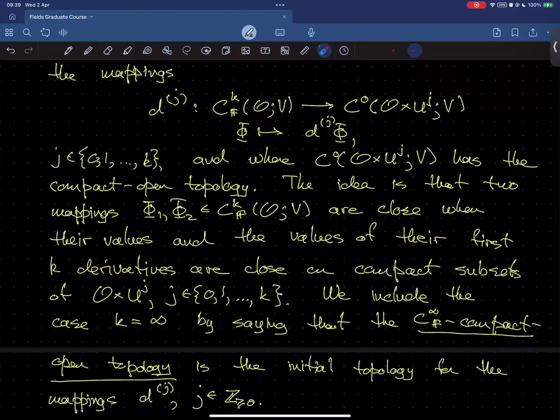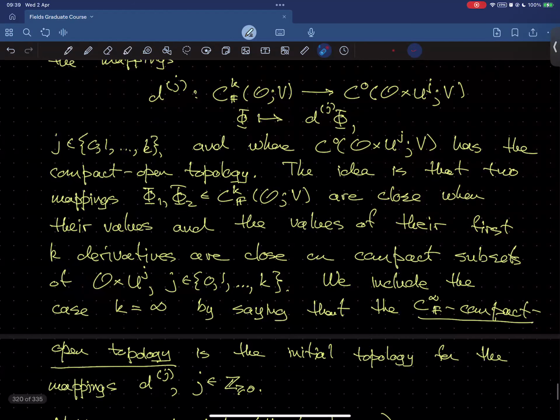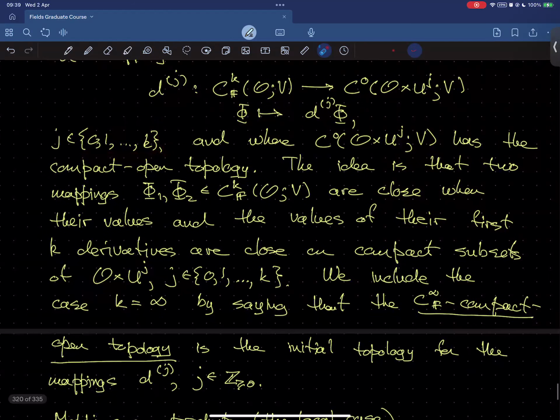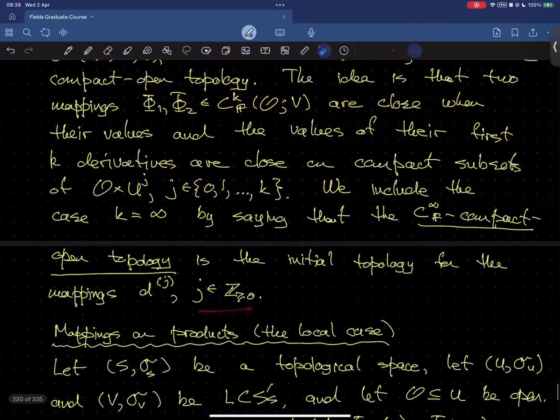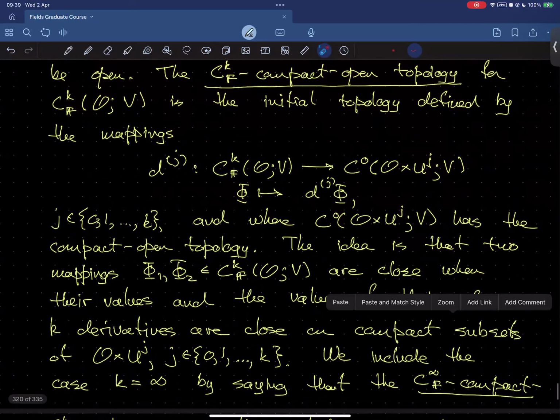That's the way you can think about the CK compact open topology. And you can include the case K equals infinity, and so define the C infinity compact open topology by not just saying that J goes from 0 to K, but you allow J to run over all positive integers. Okay, so that's the CK compact open topology.